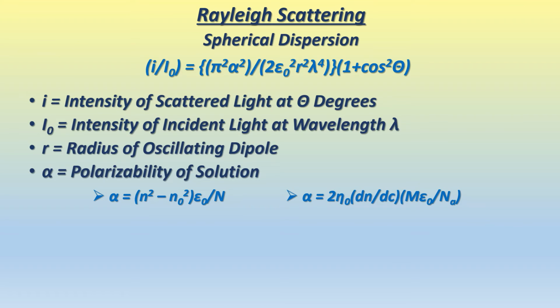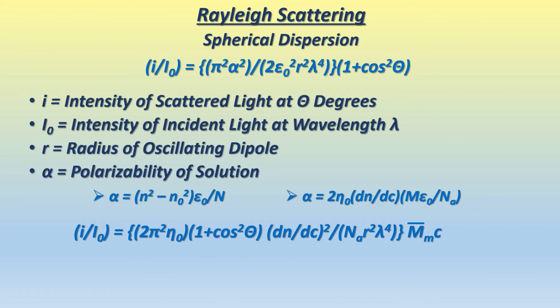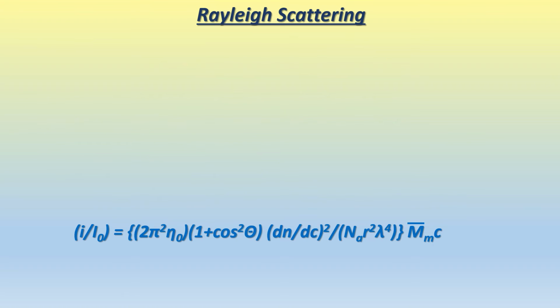Essentially, this can be solved in a gradient solution as 2 times the index of refraction of the solvent times the change in index of refraction with the change in concentration with the mass average molar mass now included. So you get a rather long and seemingly complicated term now.